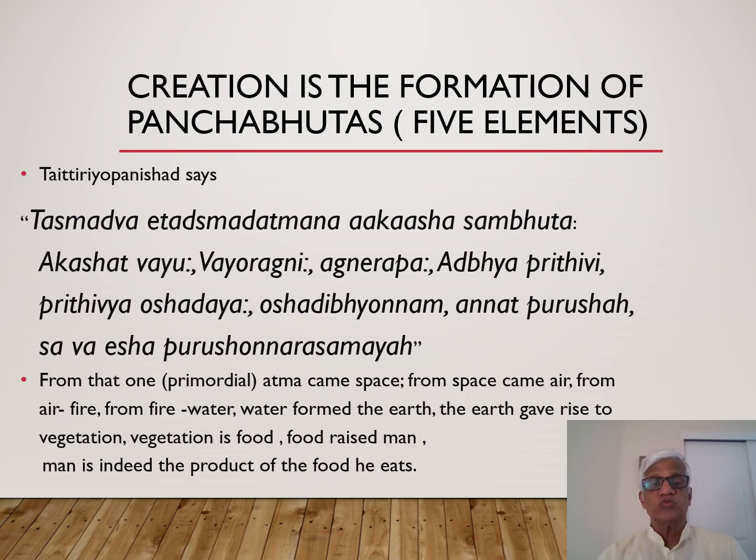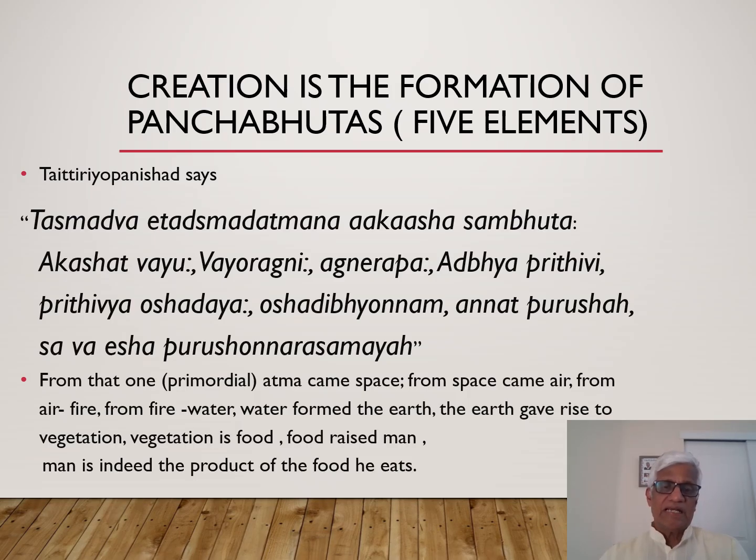Vegetation gave rise to food. Vegetation is food. And food raised the man. Man is indeed the product of the food he eats. Here we talk about the five fundamental elements: Akasha, Vayu, Agni, Apah and Prithvi.